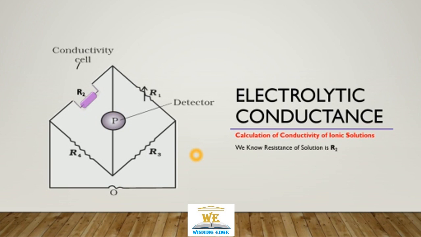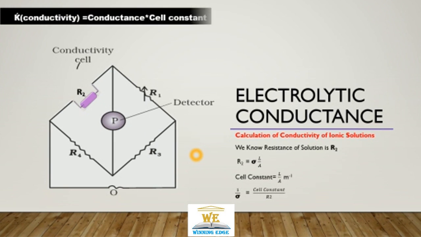We know the resistance is rho L by A. The cell constant will be L by A, per unit meter. 1 by rho is equal to the cell constant into 1 by R. So 1 by R is nothing but the conductance. So conductivity will be equal to conductance into cell constant.